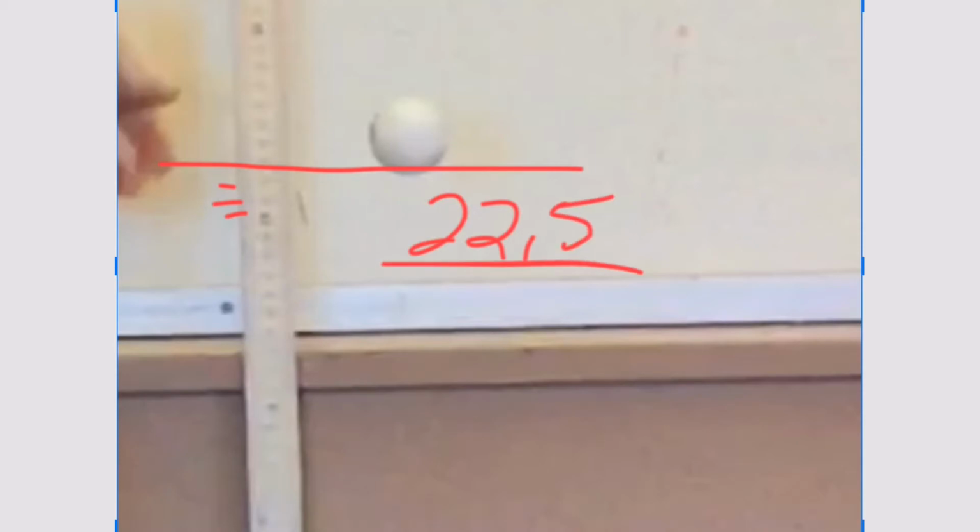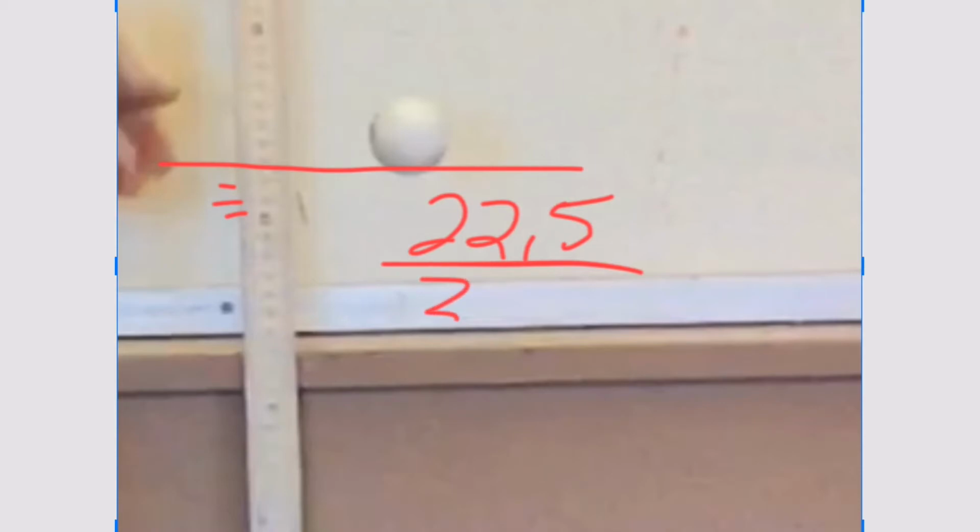Let's see where that ball is. It is 2.5 above 20, so that would be 22.5. And what was the number right above that, the last bounce?